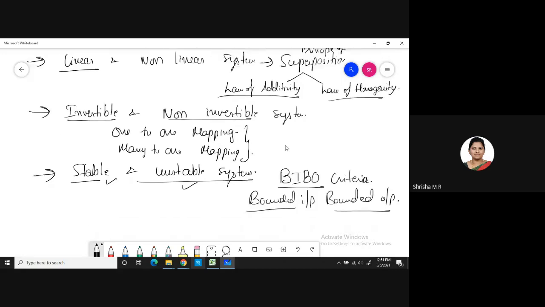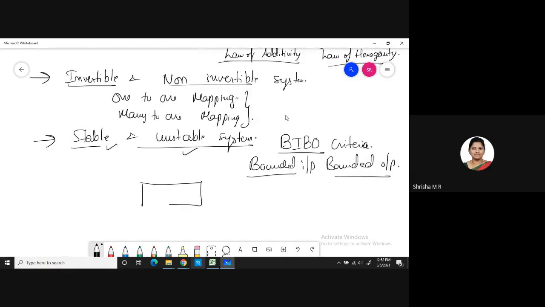So if you have a system, and the input is bounded, it should be finite. This x of t should be finite and it should not reach infinity at any instant of time. That is the meaning of bounded input.